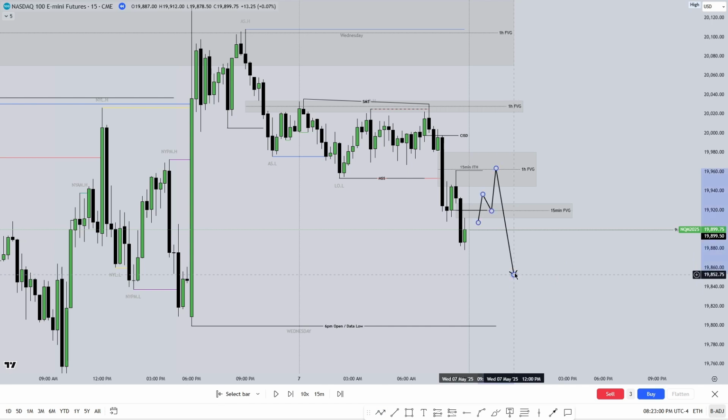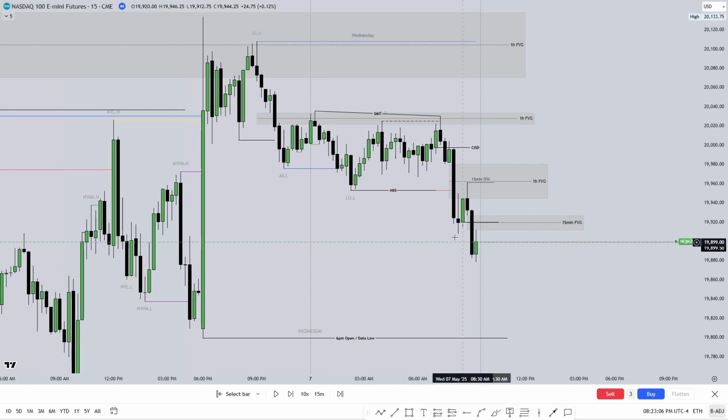Okay, so that's one thing to really note and keep in mind, because that can save you from a lot of bad trades. And that's exactly what ends up happening right here.